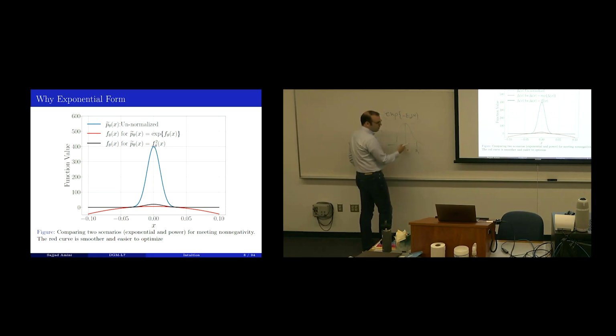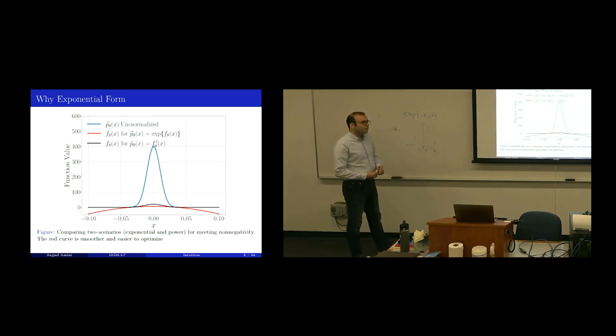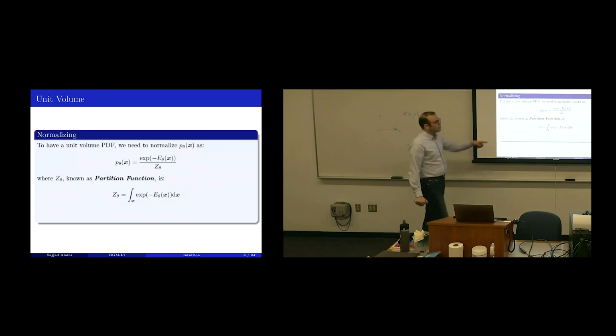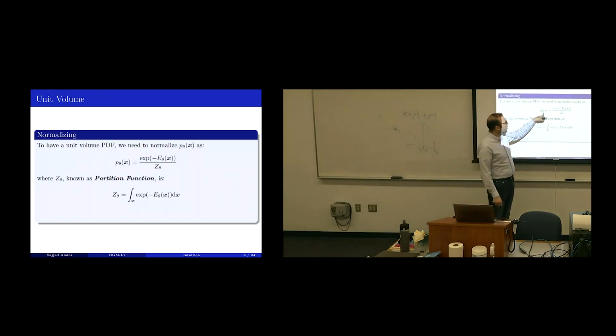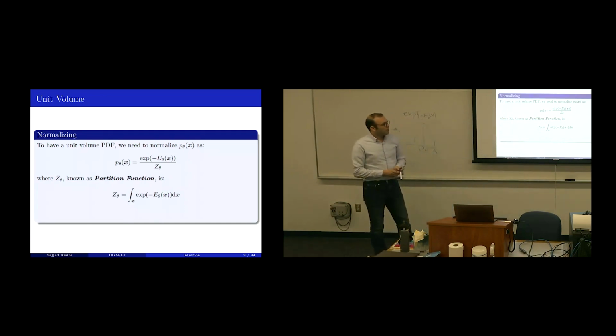Irrespective of the normalization factor, based on this curve, you can understand that x1 is more probable than x0. But you do not have the absolute probability for each of them. This is the problem with energy-based models. Because you cannot calculate z theta, the normalized p theta of x cannot be calculated. You always have an unnormalized version, which is always positive.